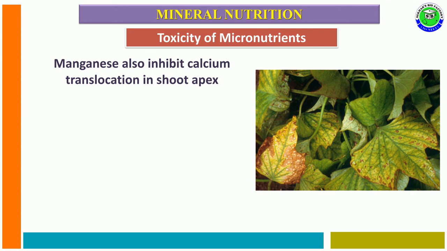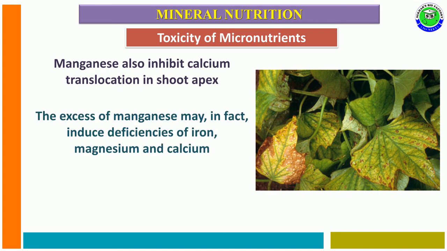Manganese also has the ability to inhibit calcium translocation in plants to the shoot apex. During this time, the excess quantity of manganese may induce the deficiency of other elements like iron, magnesium and calcium.